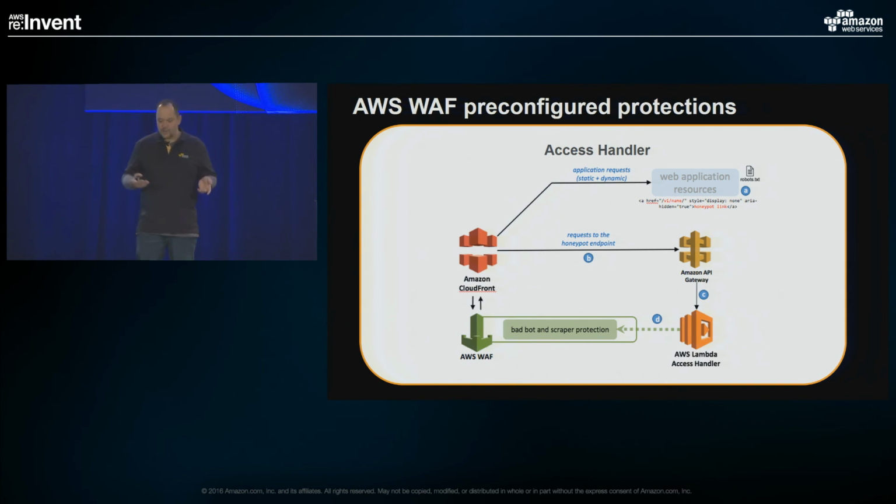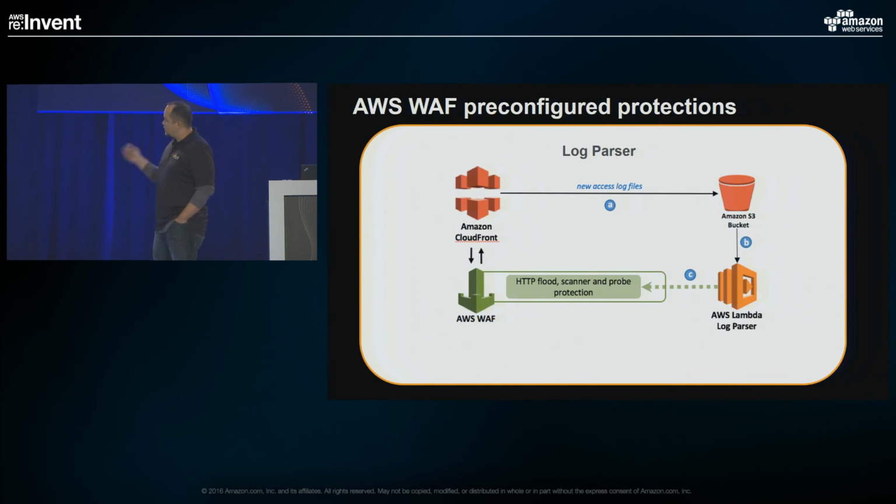When a scraper or a bot accesses that page on your site and tries to hit that API Gateway honeypot endpoint, it triggers the AWS Lambda access handler function, and that function then updates the IP block list based on that activity.